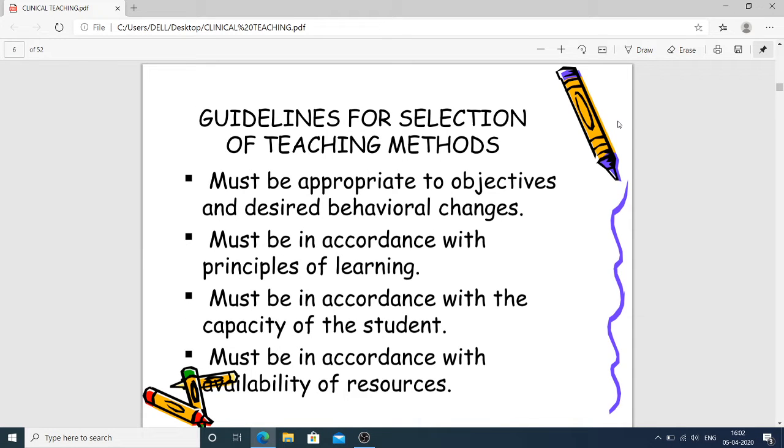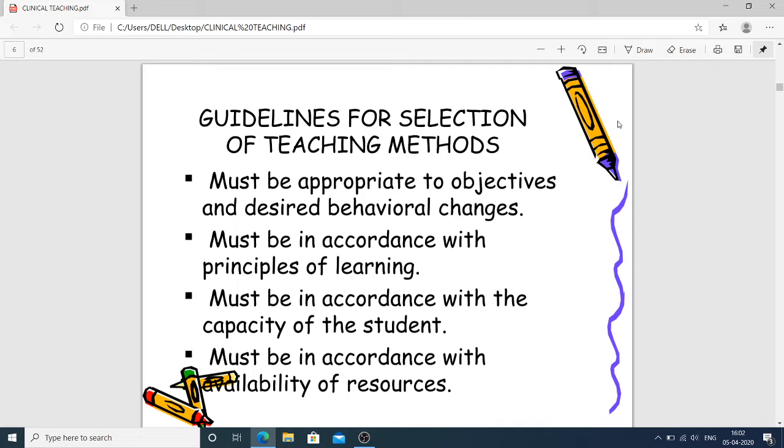Then the guidelines for selection of teaching methods: the teaching method must be appropriate to the objectives and desired behavioral changes, and it must be in accordance with the principles of learning. Then it must be in accordance with the capacity of the student. According to the level of the students, we can select the method.